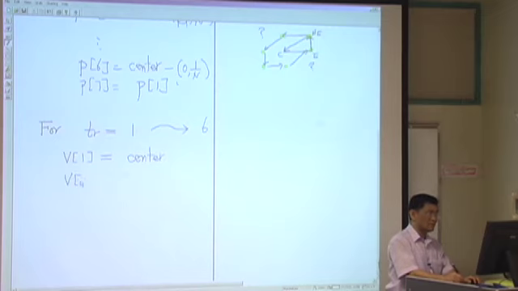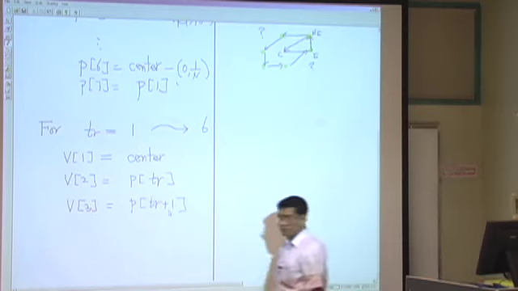Vertex 2 is P triangle 1, right? And then vertex 3 is P triangle plus 1, triangle position plus 1, right? This is it.